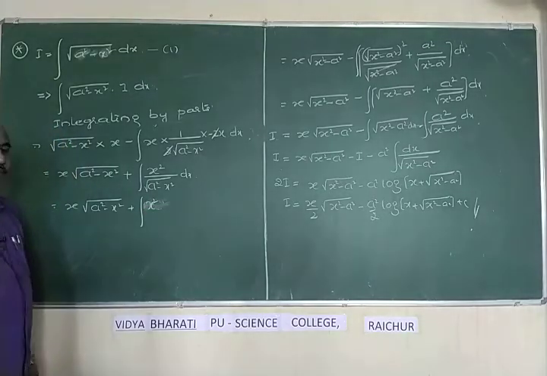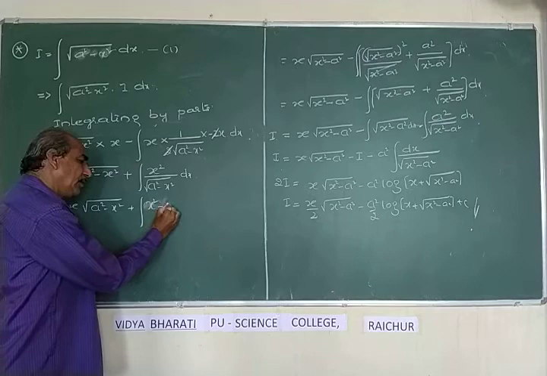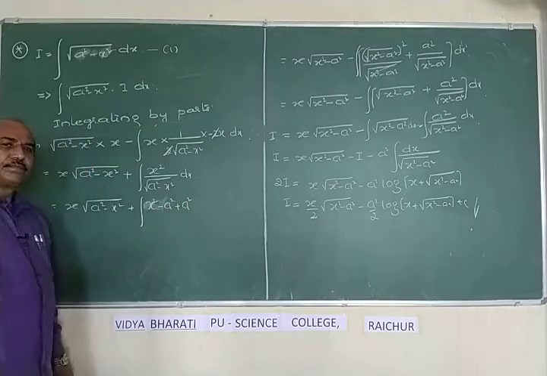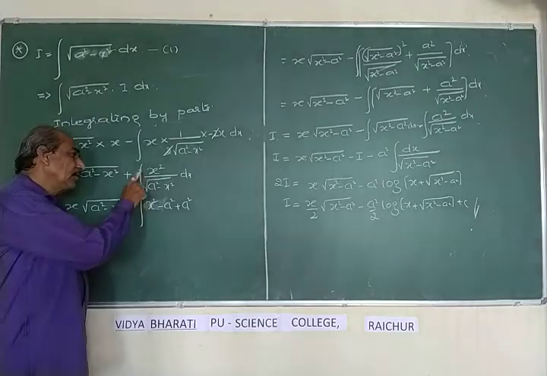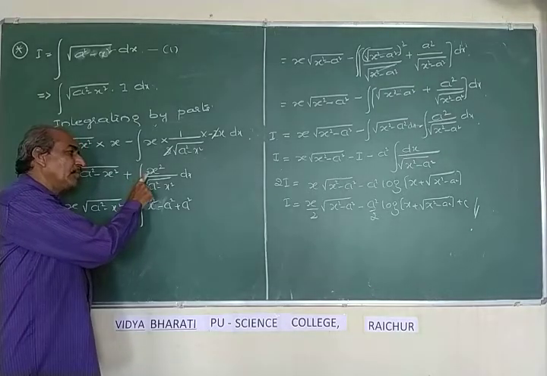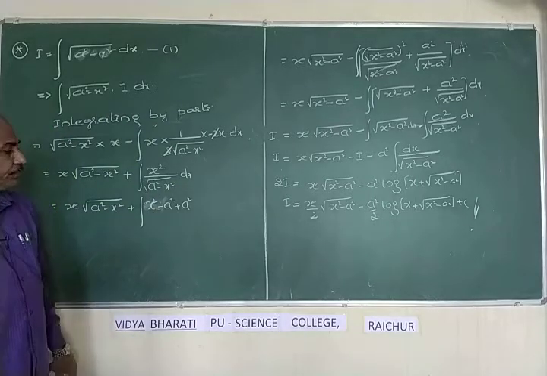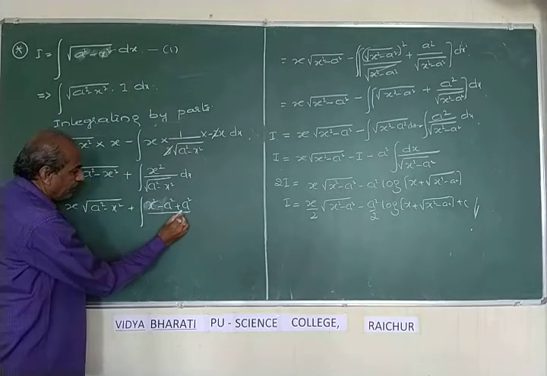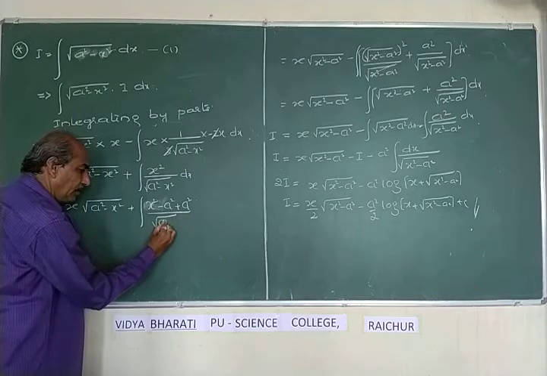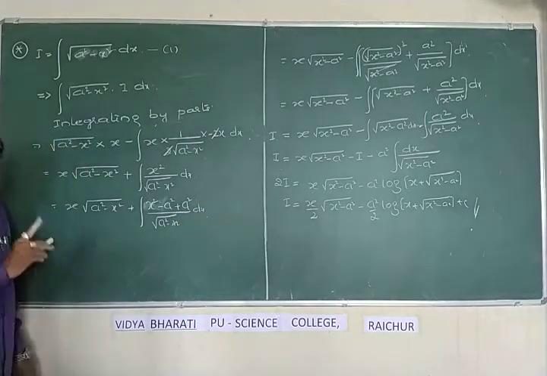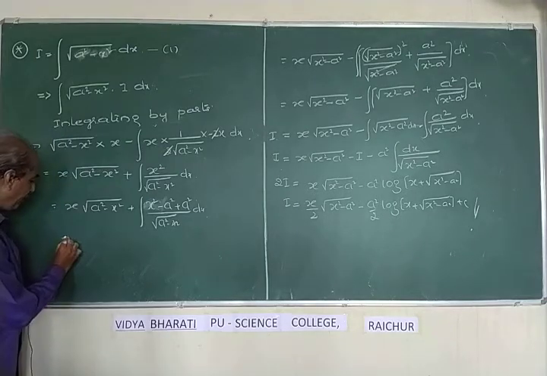A square, x square minus a square plus a square, or else a square minus x square, you take negative sign outside, any one of them you can do it, divided by root of a square minus x square into dx. This step you observe carefully.